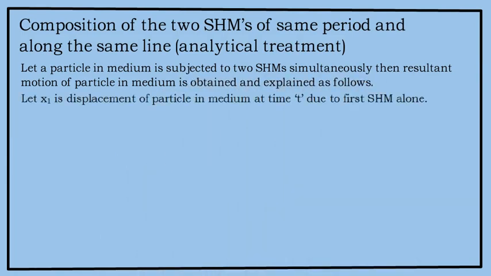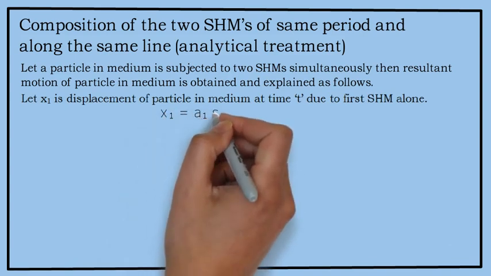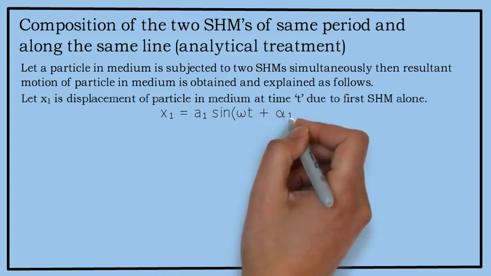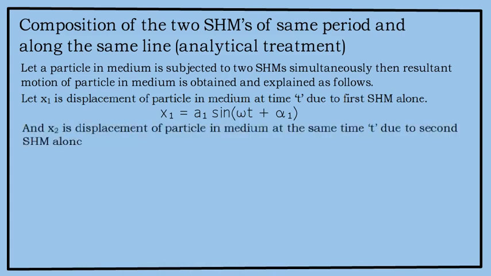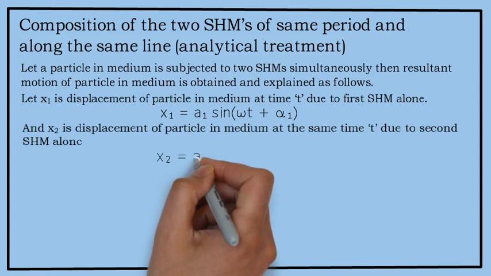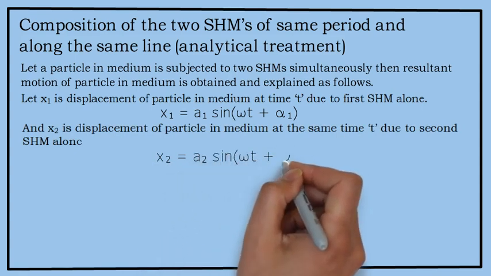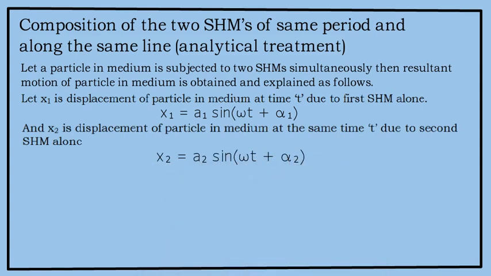Let x1 be displacement of particle in medium at time t due to first SHM alone. Then we know the equation of SHM, that x1 is equal to a1 sine omega t plus alpha 1, where alpha 1 is the initial epoch for the first SHM, and x2 is displacement of particle in medium at the same time t due to second SHM alone. x2 is equal to a2 sine omega t plus alpha 2, where alpha 2 is initial phase or epoch for the second SHM.